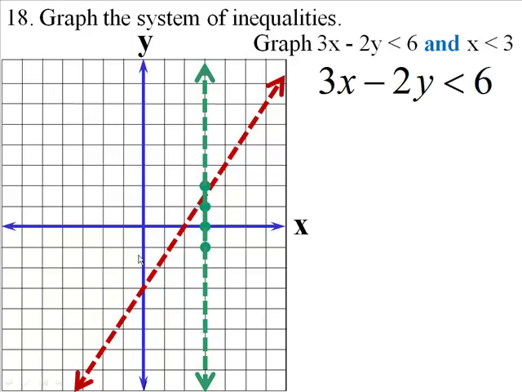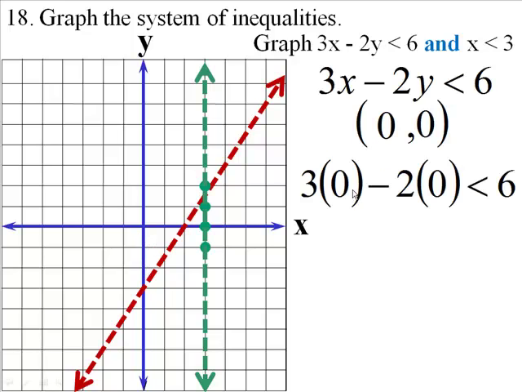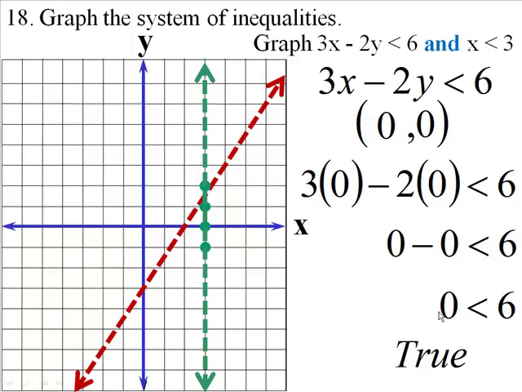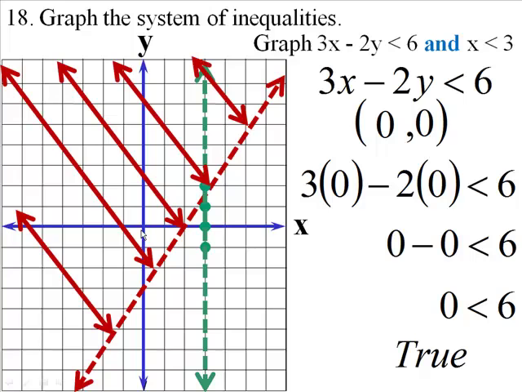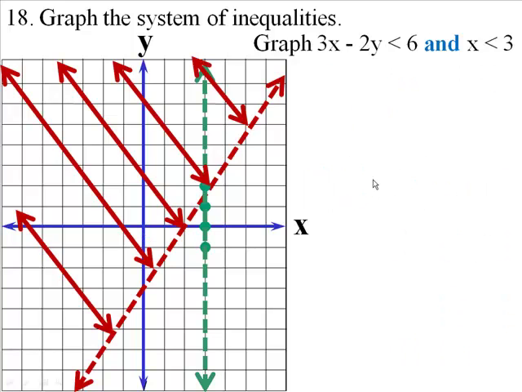So let's test the point 0, 0 and see if we get a true statement. Put 3 times 0 minus 2 times 0. That's 0 minus 0 is less than 6. This is a true statement. So because the origin works, we're going to shade in all of these.